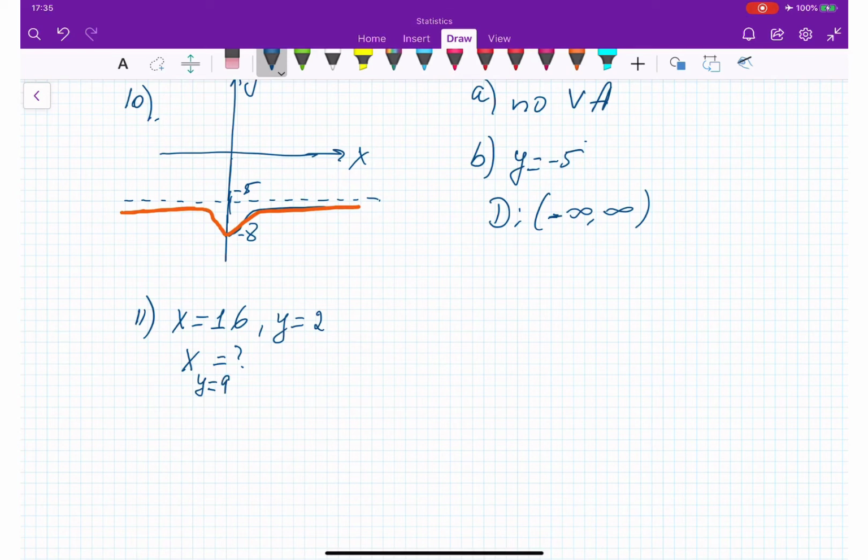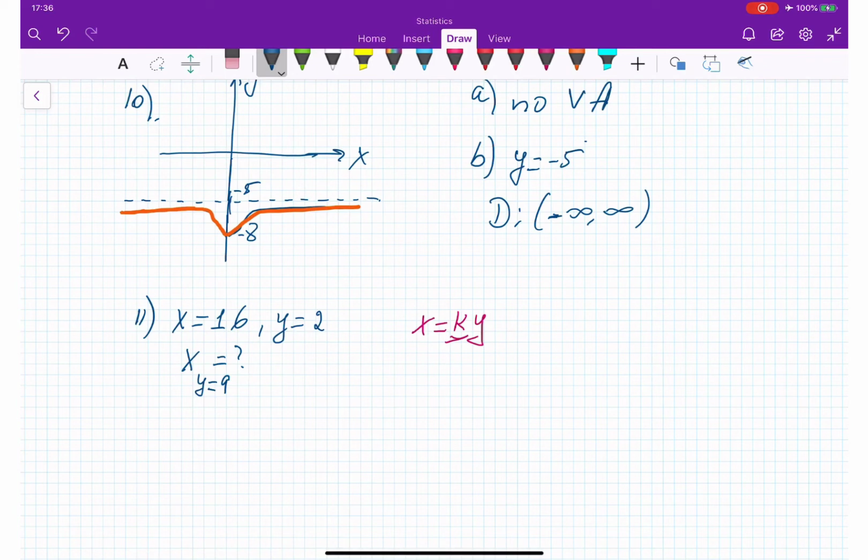So because it's from the very beginning, it says directly proportional. Okay, so we are going to use the formula x equals k times y, where k is a variation constant. So what we are going to do from here, we are going to find the variation constant.